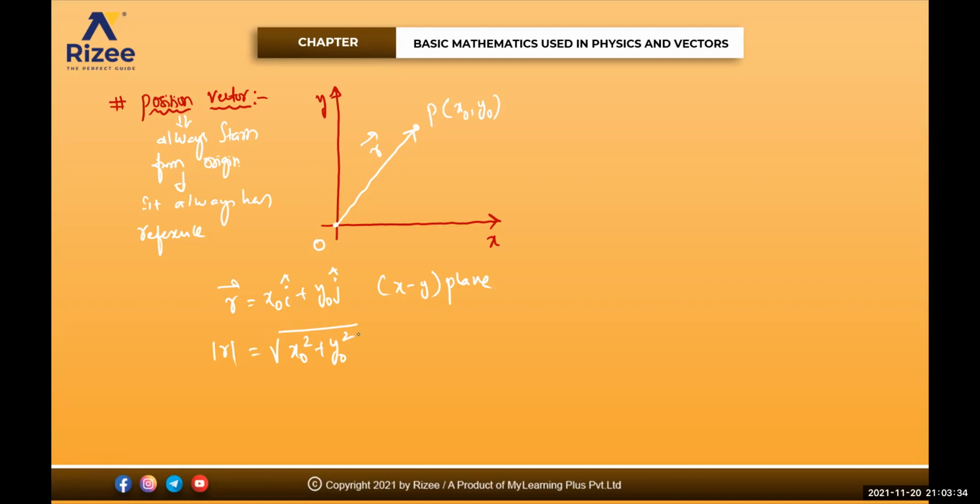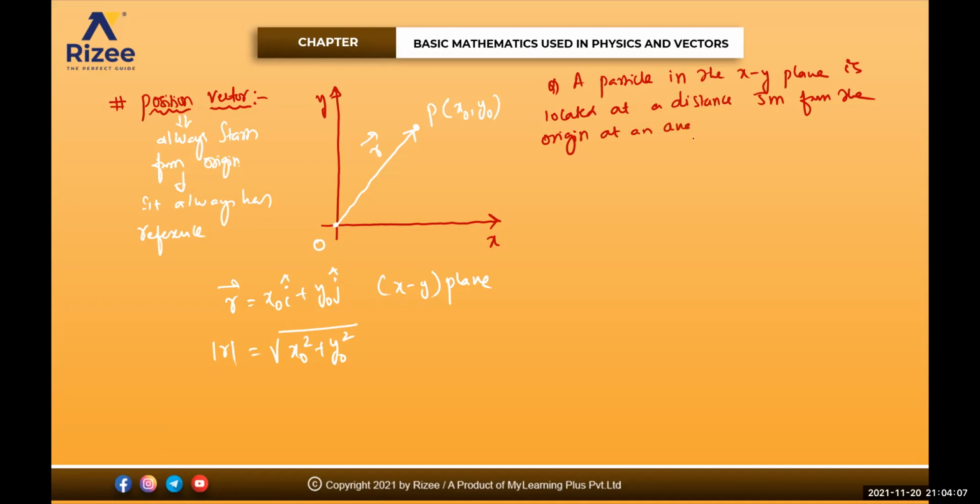Okay, let me give you one example. You'll get an idea how to do the problems on this one. Like say, a particle in the XY plane is located at a distance 5 meter from the origin at an angle of 37 degrees with x-axis.